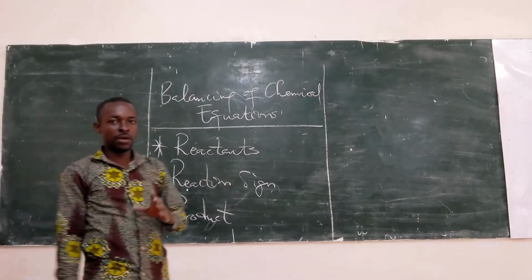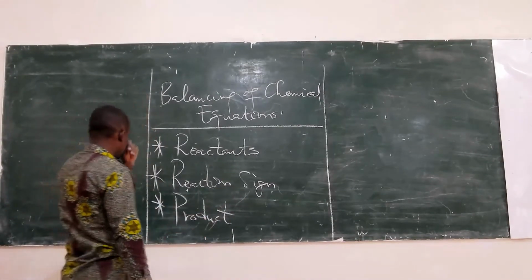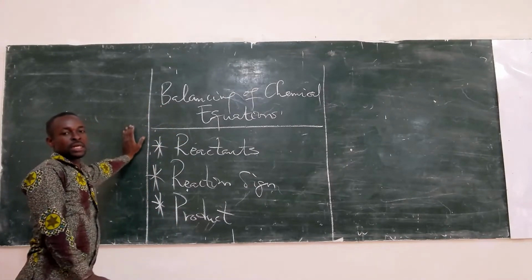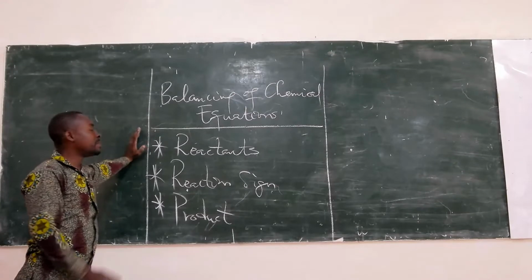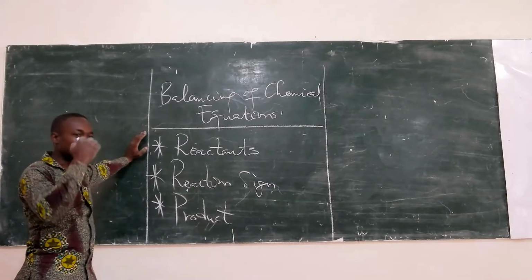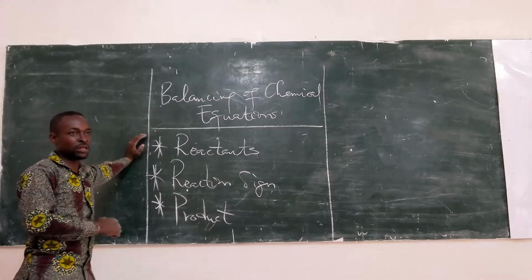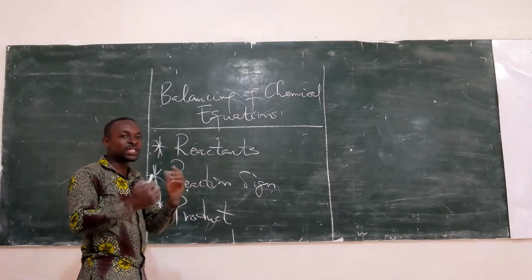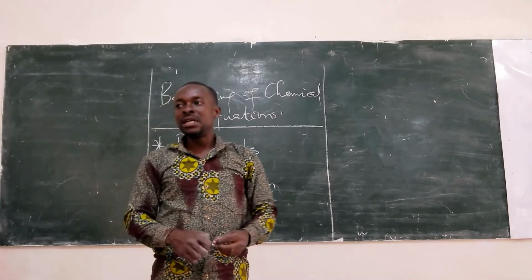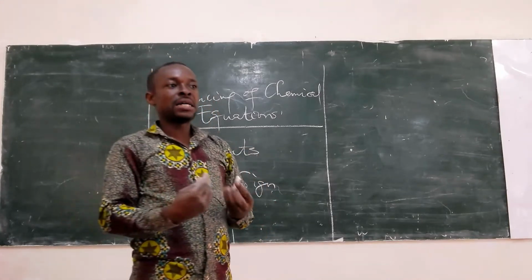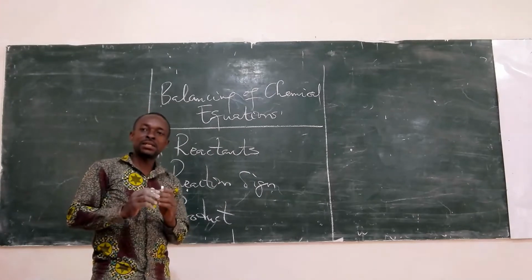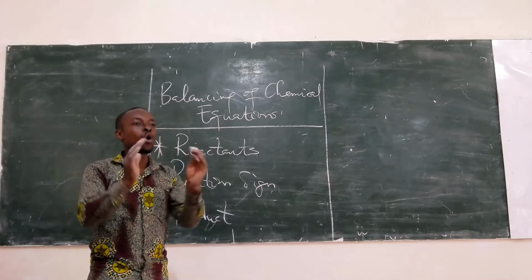I'm coming again. I said that to deal with balancing of chemical equations, there are 3 basic aspects that you need to take into consideration. The first one is the reactants. When we say reactants, what are they? They are the elements or the components that are going to form the equation.